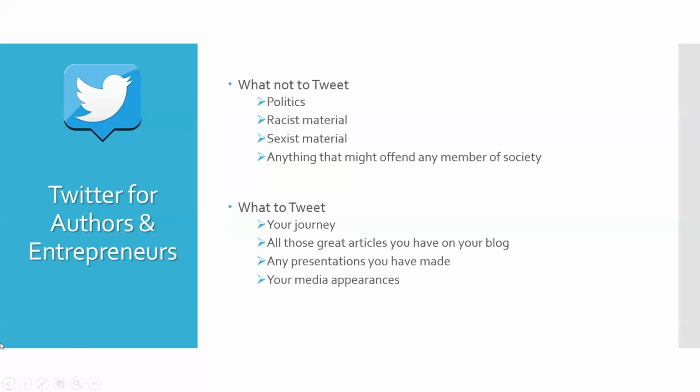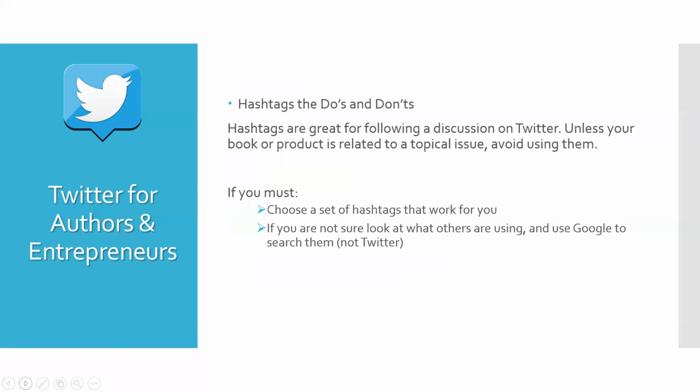So just a quick piece of advice, and this sort of stuff's all over the place. Quickly, the do's and don'ts are hashtags. Hashtags are great for following a discussion or an event and seeing what people are saying about it.